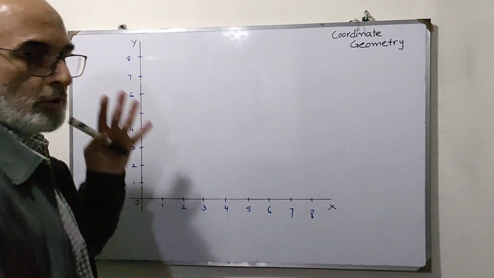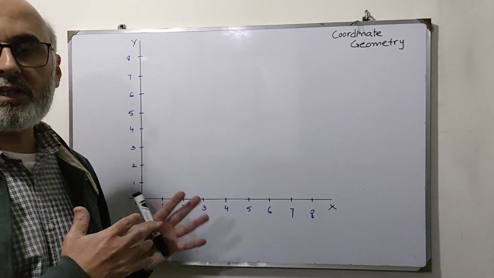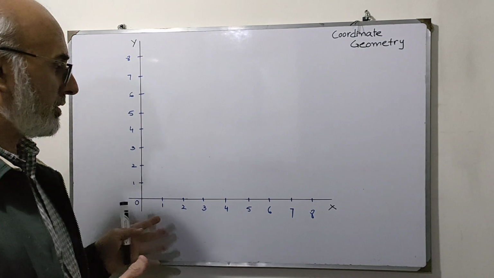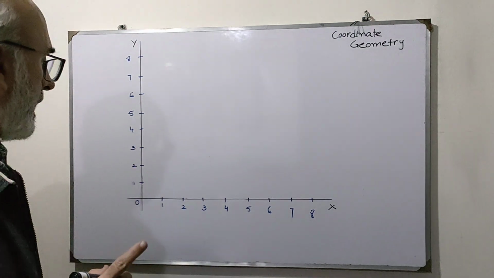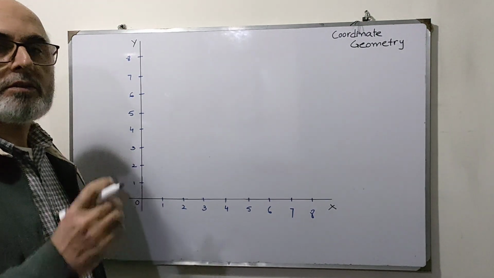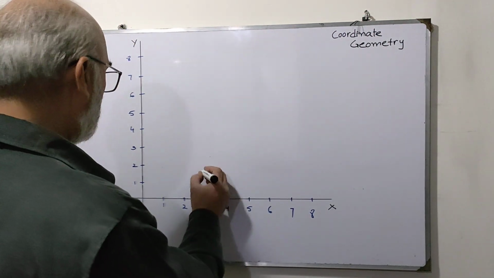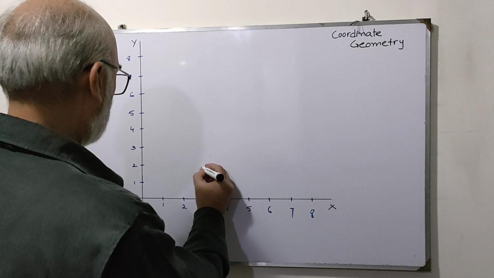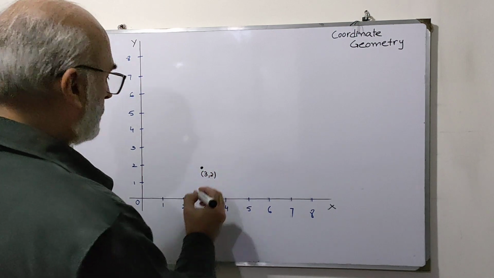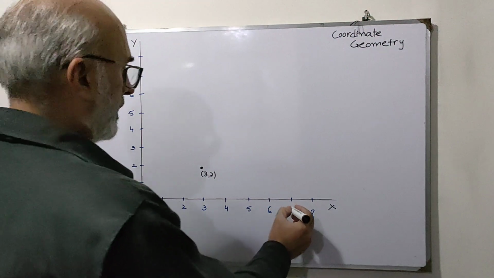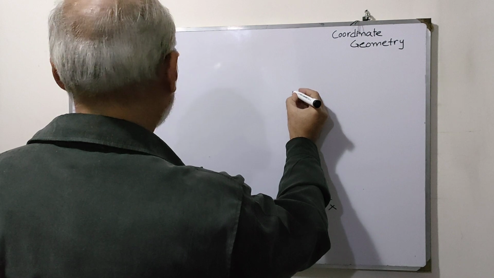Okay, we have both the axes, x-axis and y-axis. This is just a freehand drawn axis, so do not be scared. Now let's take 2 points on this graph. First, I am going to take 3 and 2, and then I'm going to take 7 and 6.